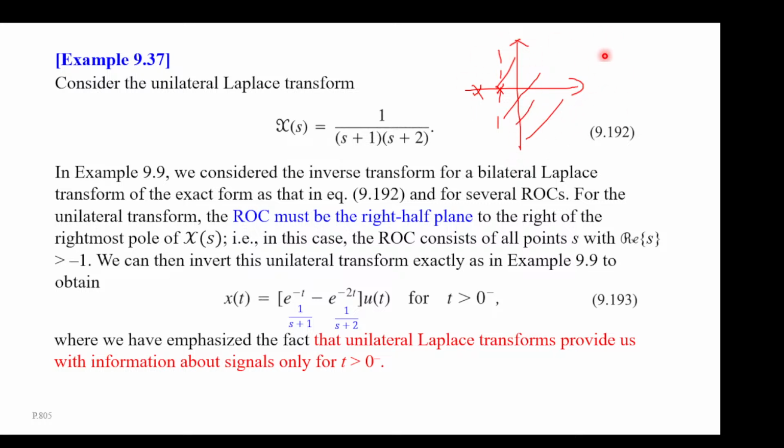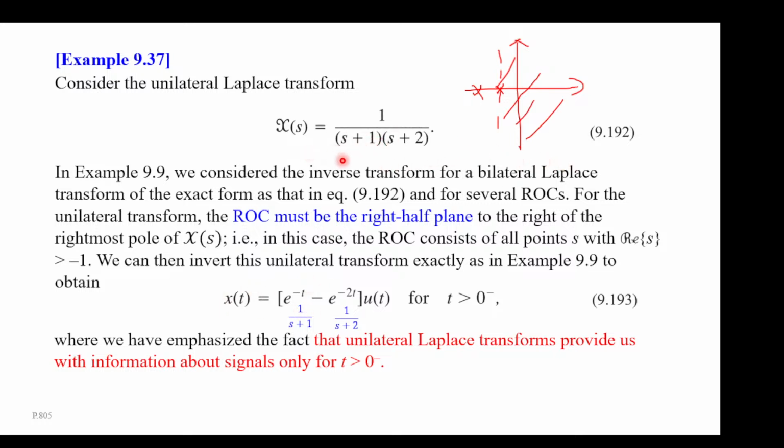So we can just pick the ROC with real part of s greater than -1, and then we can invert the unilateral Laplace transform exactly like the bilateral Laplace transform.